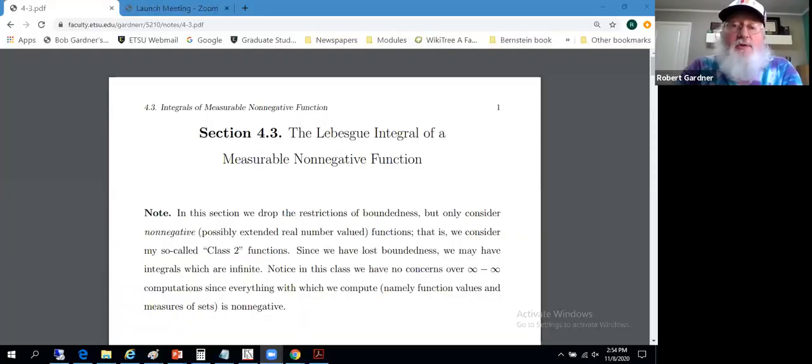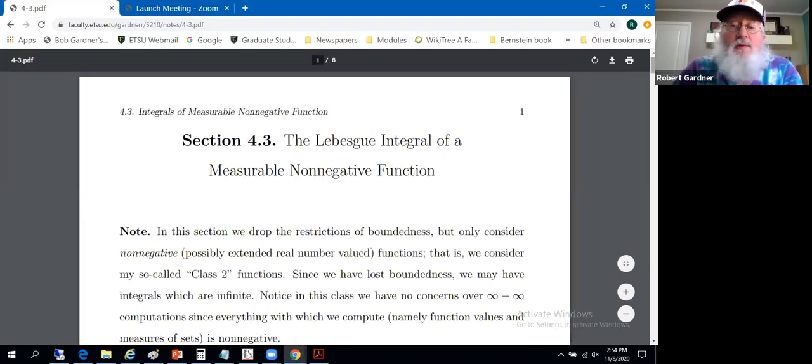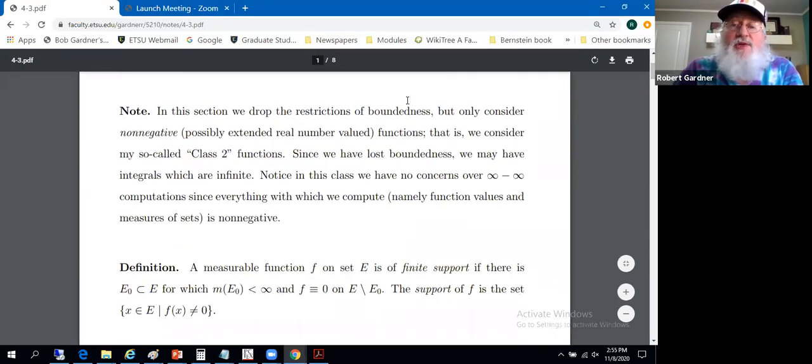And now for our second section on the development of the Lebesgue integral and dealing with what I've called the class 2 functions. The title of section 4.3 is the Lebesgue integral of a measurable non-negative function. So what we'll do in this section is drop the restrictions from the previous section of boundedness.